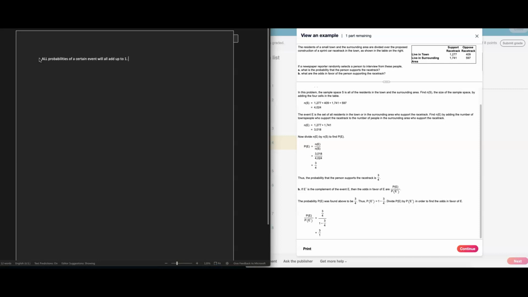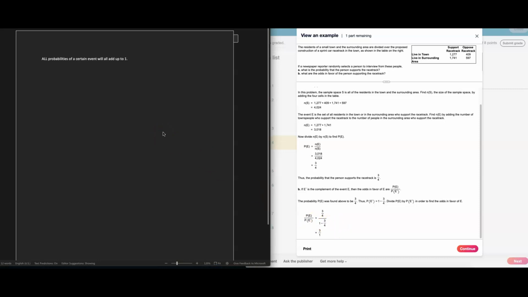So why can they just say 1 minus 3/4 over here? It's because they know that the probability of E and the probability of not E combine to give me 1. So if I know the probability of E, to find the probability of not E, you just subtract it from 1. Okay?